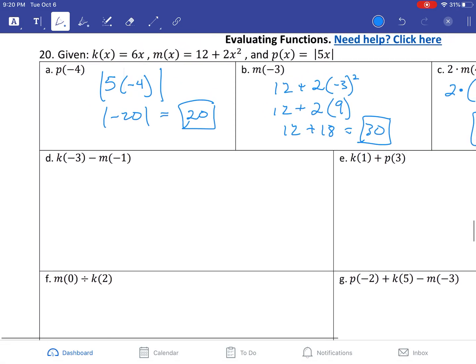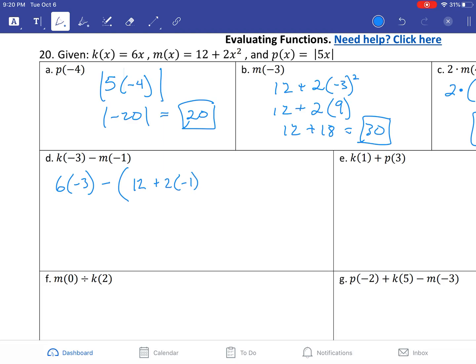All right, now here we have two different functions that we're combining together. So we have k of -3, so we're going to put -3 in for the k function. So 6 times -3 minus m of -1. 12 plus 2 times -1 squared. So notice how I set it up. I put the whole m function in parentheses because I'm subtracting it.